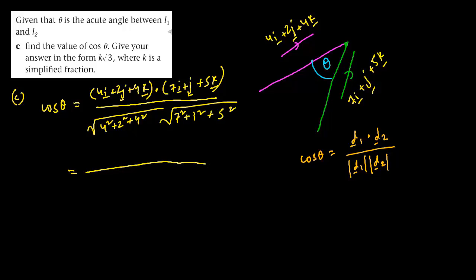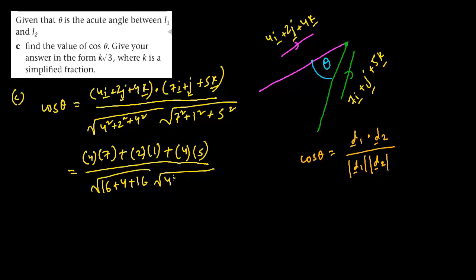And remember how we do dot product. In order to do dot product, we multiply the coefficients of i with i. So that means 4 into 7 plus j with j, 2 into 1, plus k with k, 4 into 5. So this is going to be the square root of 4 squared is 16 plus 2 squared is 4 plus 16, times the square root of 7 squared is 49 plus 1 plus 5 squared is 25.